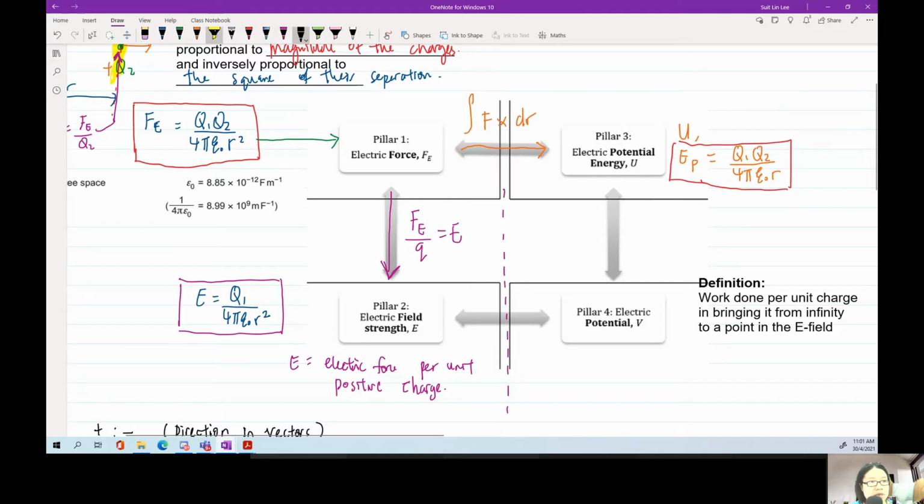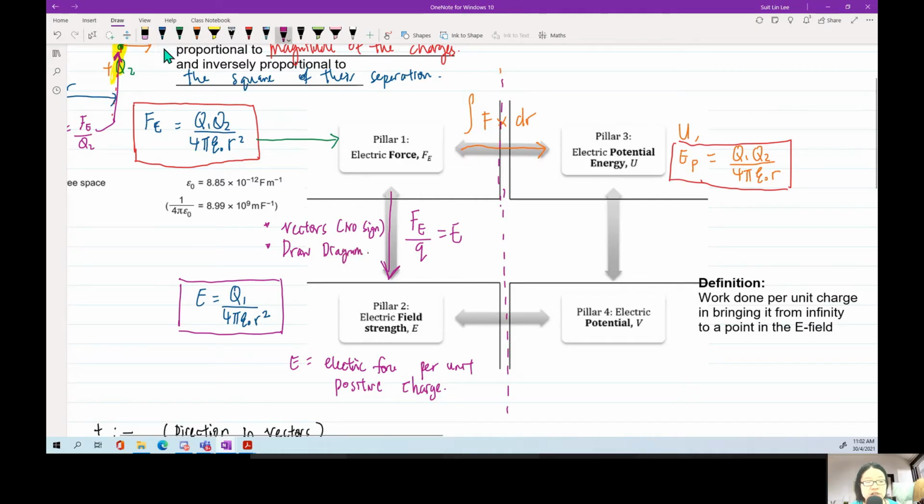Everything on this side of the table is vector. So here is vector. Don't use sign. Don't substitute the polarity. Draw a force diagram.